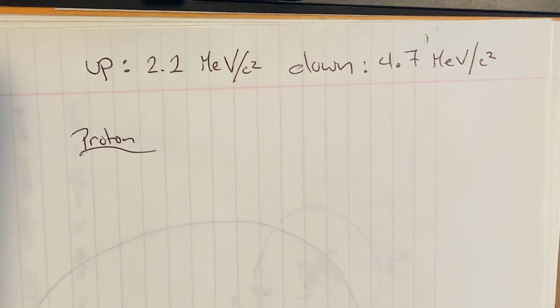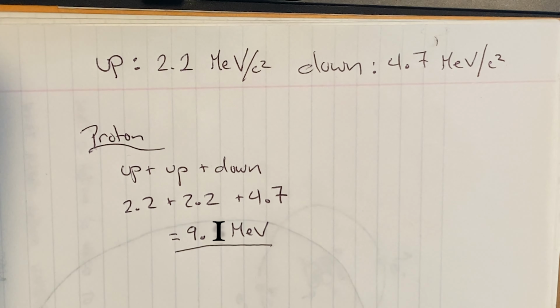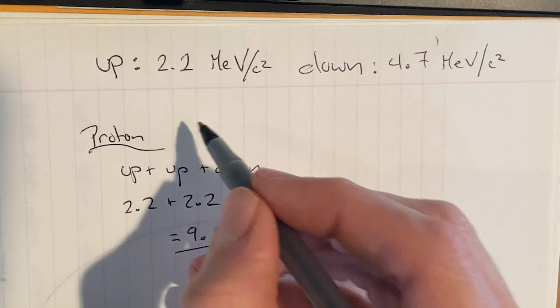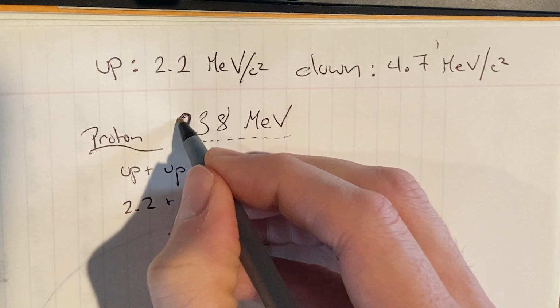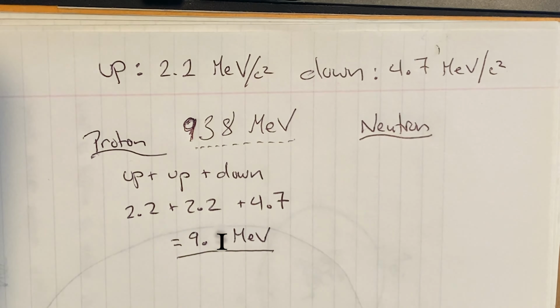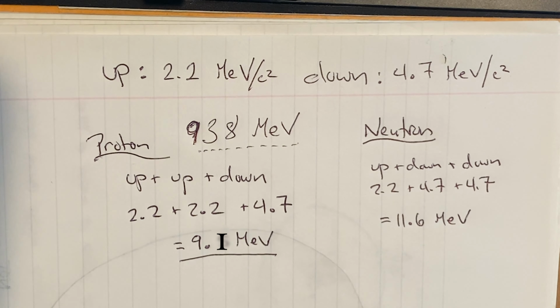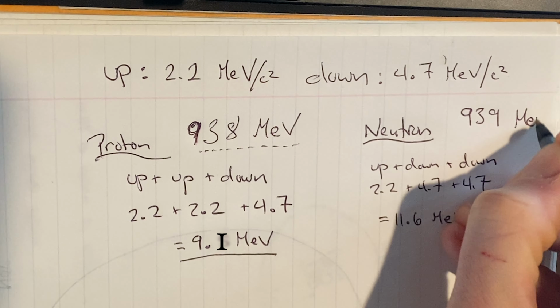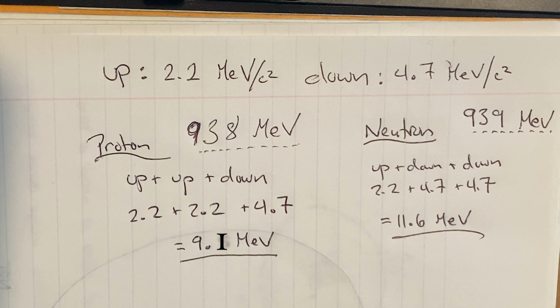For the proton, up, up, down gives you a total of 9.1 MeV, but the proton mass is 938.3 MeV. Yikes. Okay, well, let's move on to the neutron. The neutron has 2 downs and an up, so that's 11 MeV. Oof. The neutron mass is 939.5 MeV. Clearly something doesn't add up, but hey, that's okay.